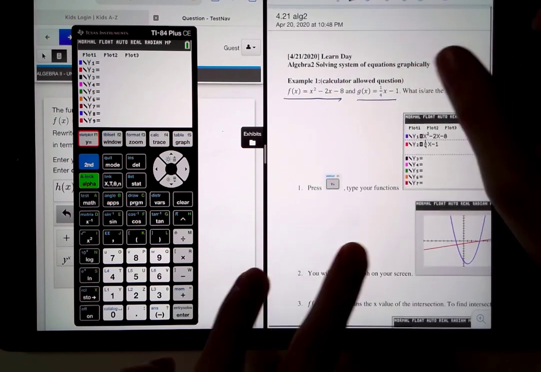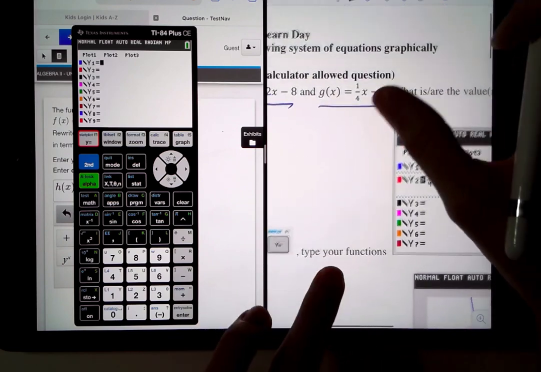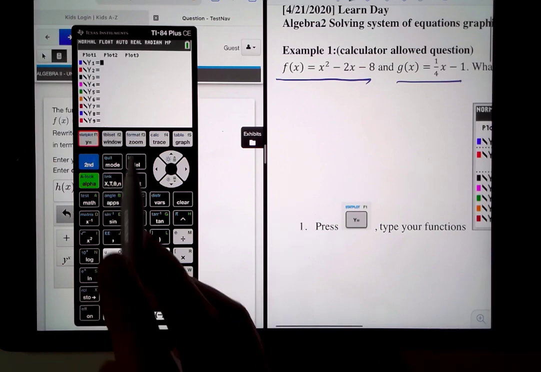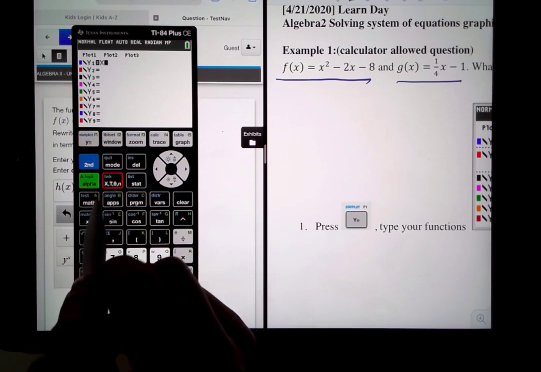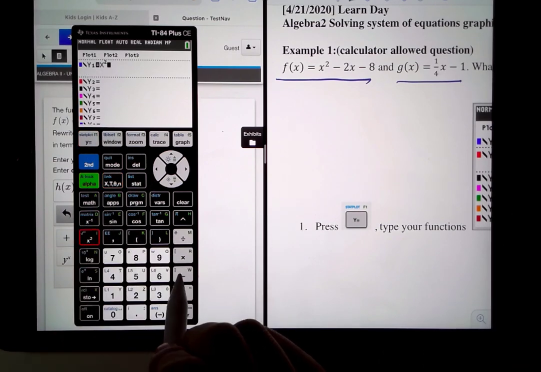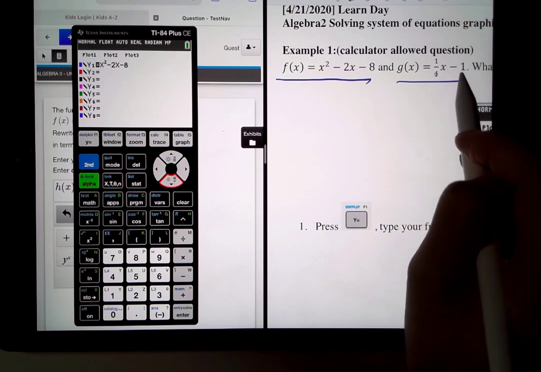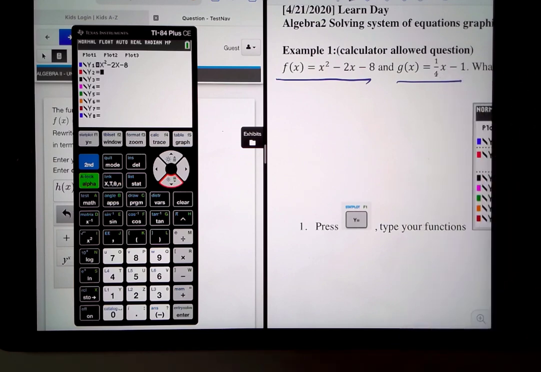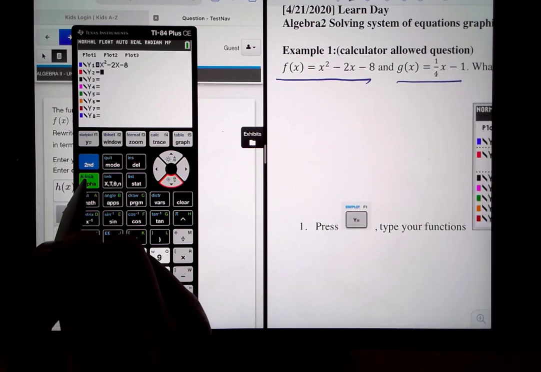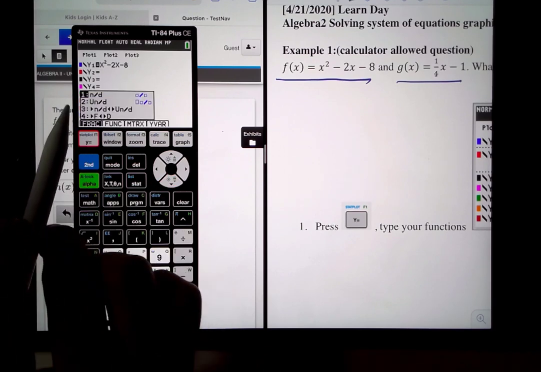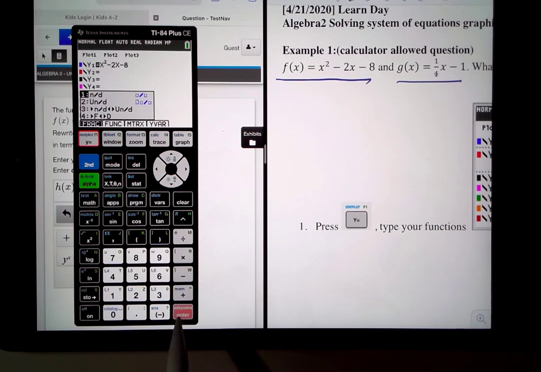My functions are x squared minus 2x minus 8. And my second graph, 1 over 4x minus 1. You know how to type the fraction: we have a shortcut, alpha, Y equals, then it has a shortcut like that. So you just press enter.